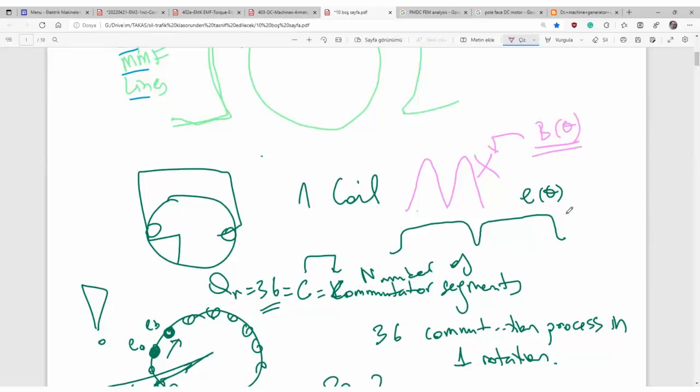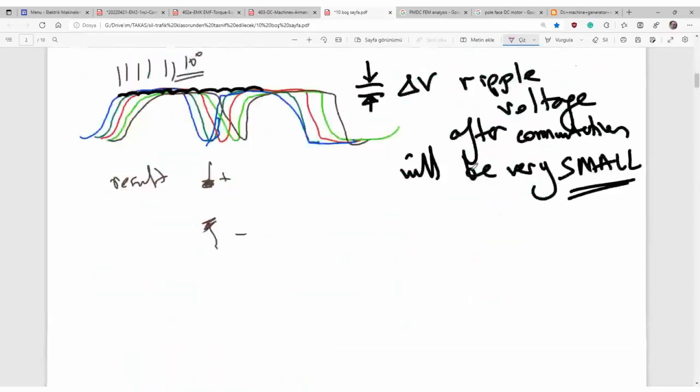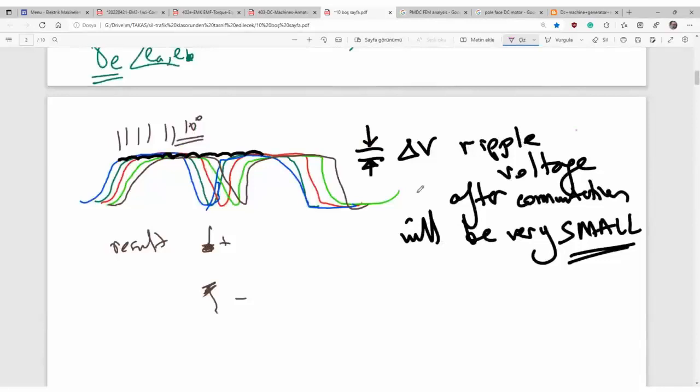So that is good. Having such a smooth B distribution here, not sinusoidal, gives a better result in induced EMF, because otherwise there would be much more ripple. Let's say the figure would be like this.